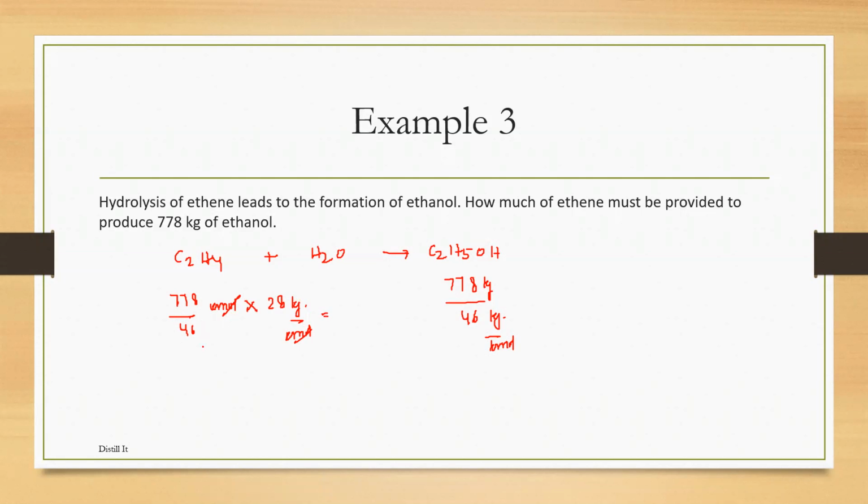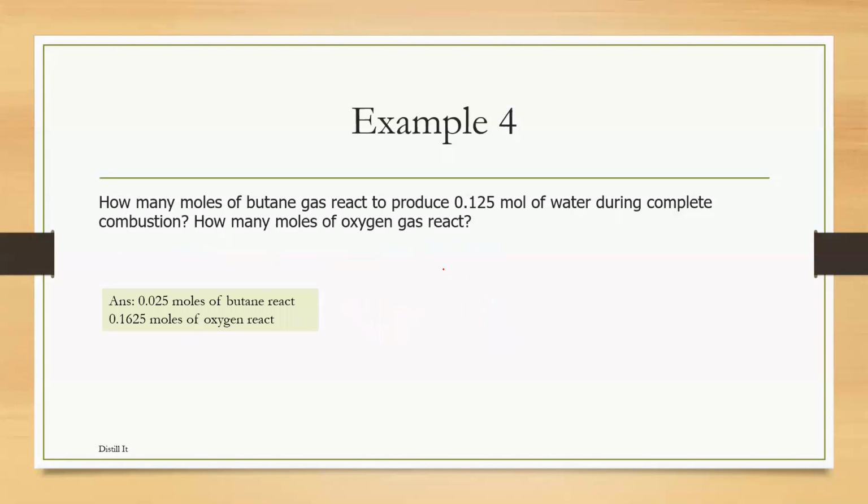So 778 by 46 into 28, which gives us 473.565 kg. All right, 473.565 kg of ethene. This is the amount of ethene that needs to be provided in order to produce 778 kg of ethanol. Let's move on to the next problem.